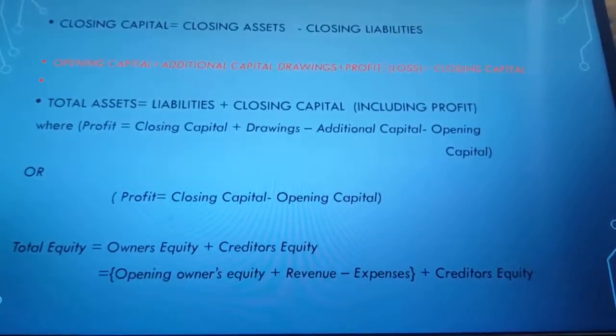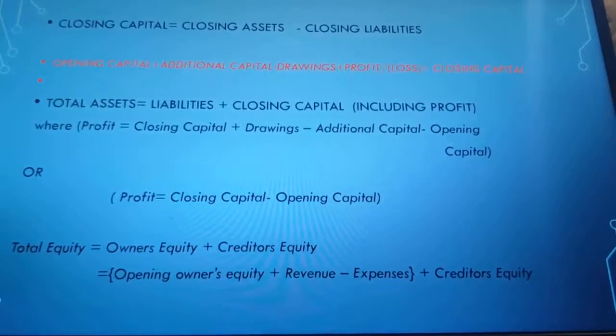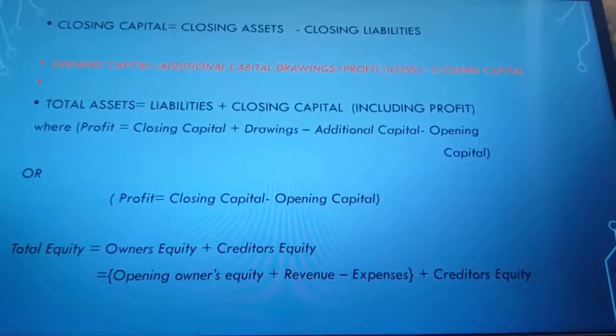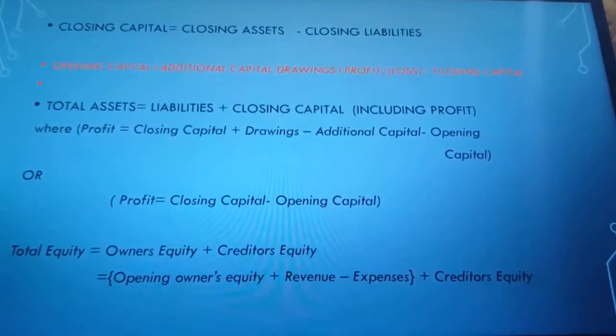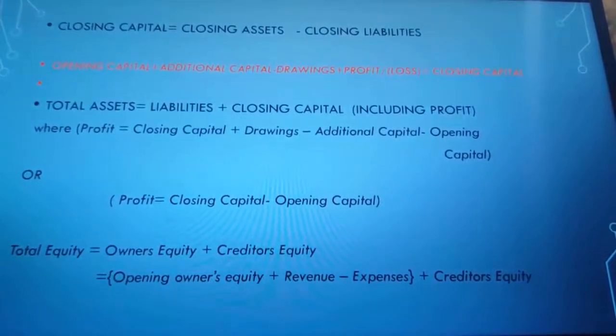However, if the question talks about drawings, we always reduce that drawings from our capital. Thus, new equation comes up to be opening capital plus additional capital minus your drawings. And if the question even says about your profit or loss, if any, if there is a profit, we always add into our capital.